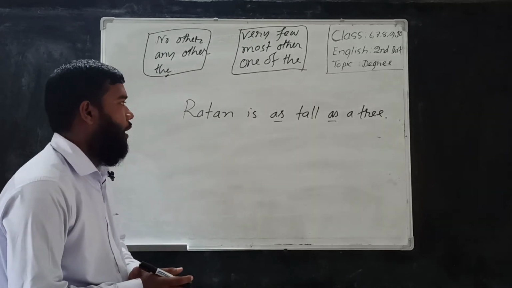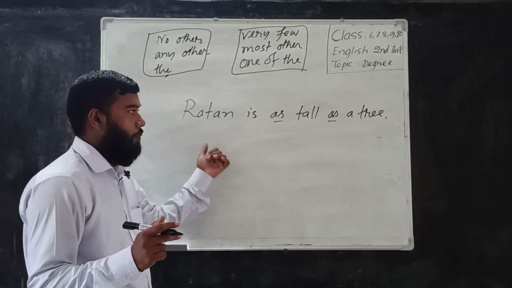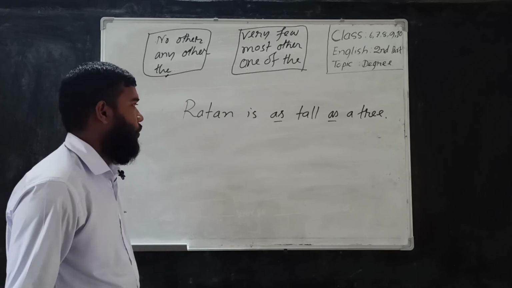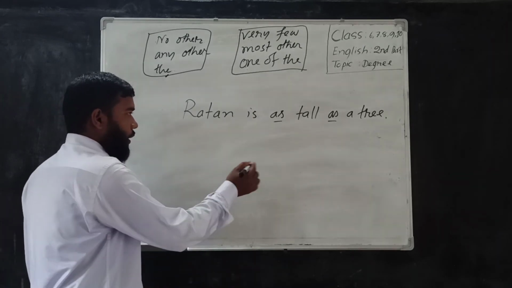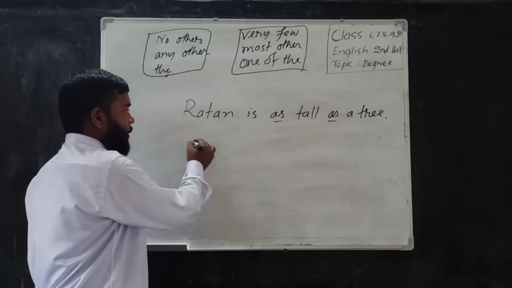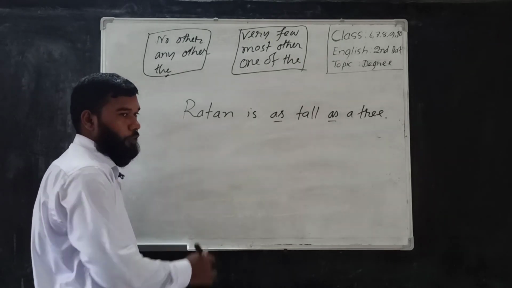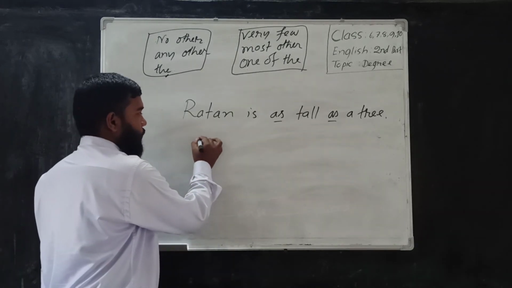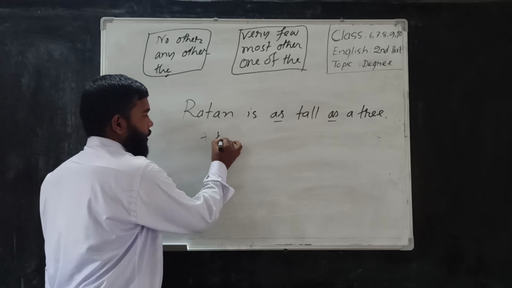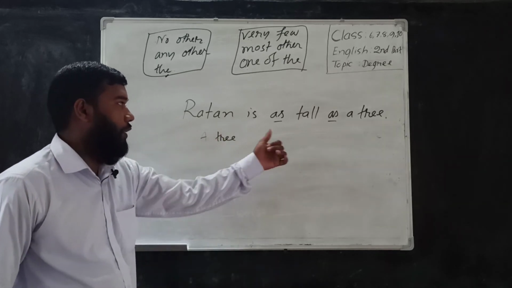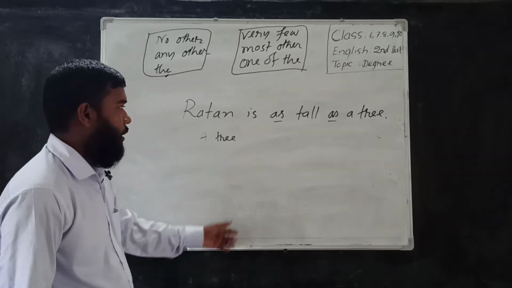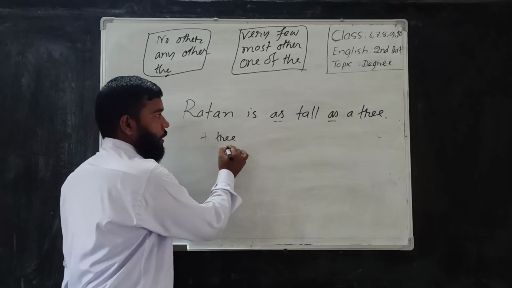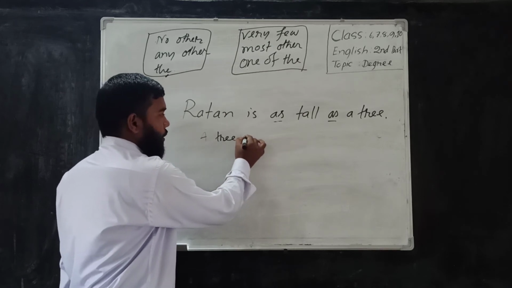Now, how can we change this positive sentence into comparative one? Okay, dear students. Now, you can change this sentence in 2 ways. I'm showing you 2 ways to change the sentence. First, a tree. If you take the last subject and if there is no negative word not, you have to take not after the verb.